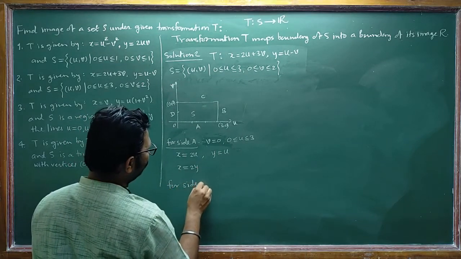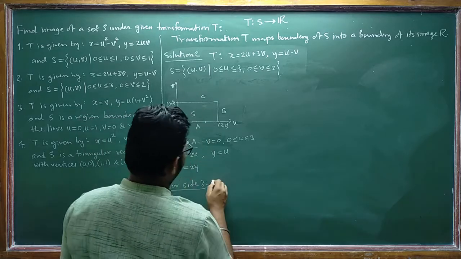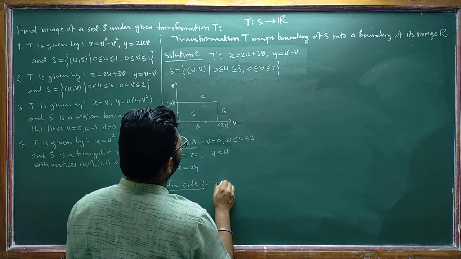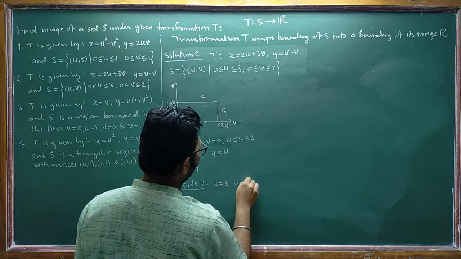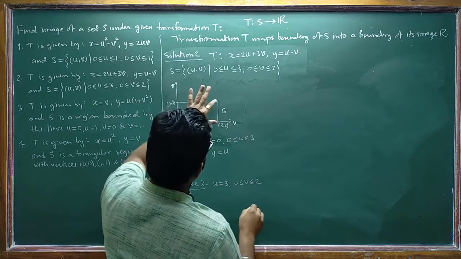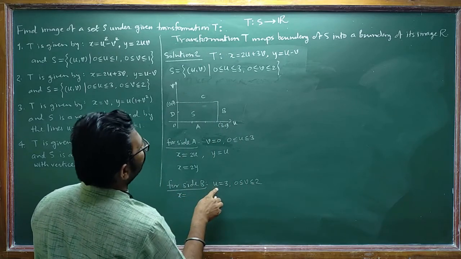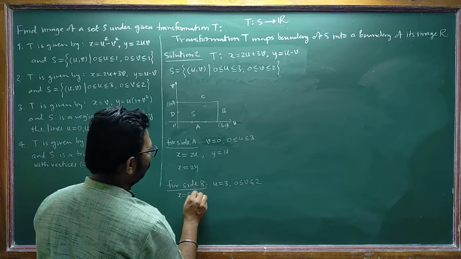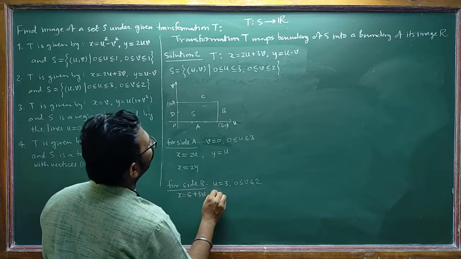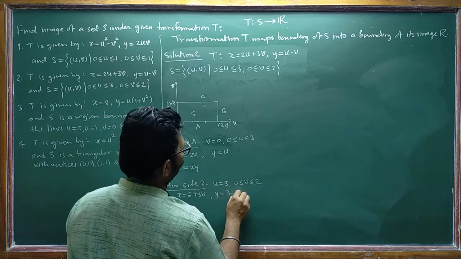For side B, what is it? This line. Its equation is u equal to 3 and v varies from 0 to 2. So let us see, x is, for this, u is 3, so 2 times u is 6 plus 3 times v. And what is y? U is 3, so y is 3 minus v.